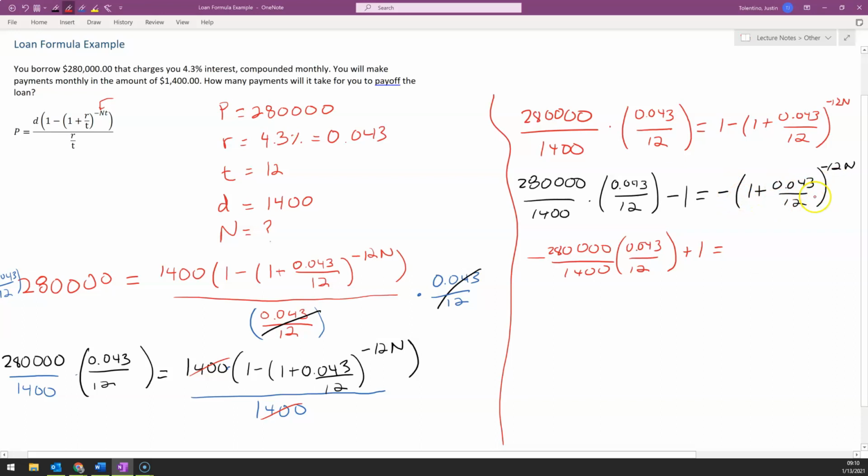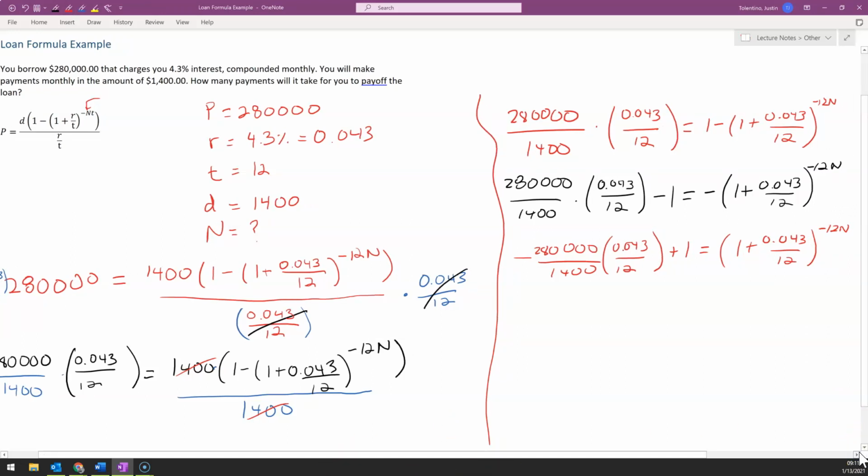And now this becomes positive. So now we're almost done here. Because what we need is, now that we have the parentheses with our variable on top, now we can get rid of basically this base and bring that down.